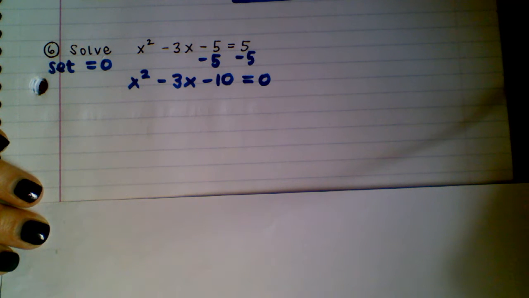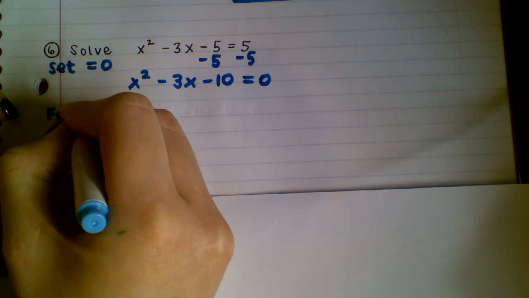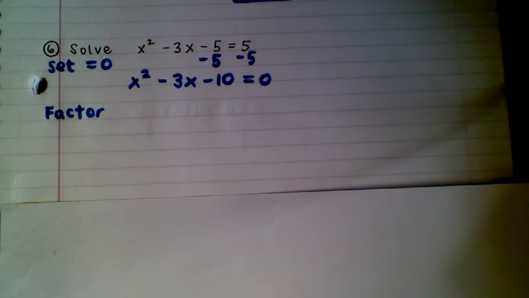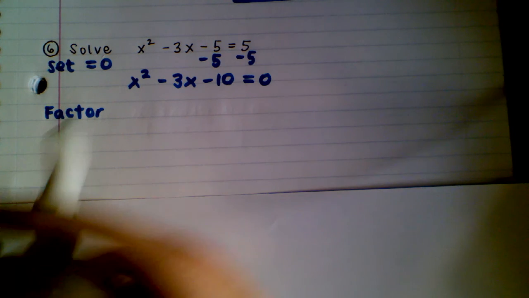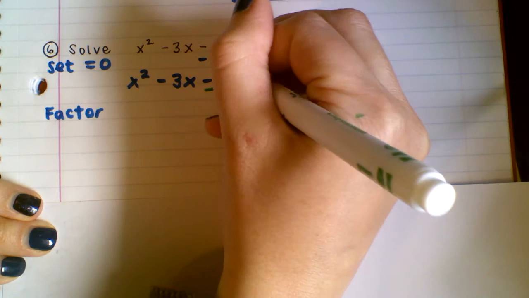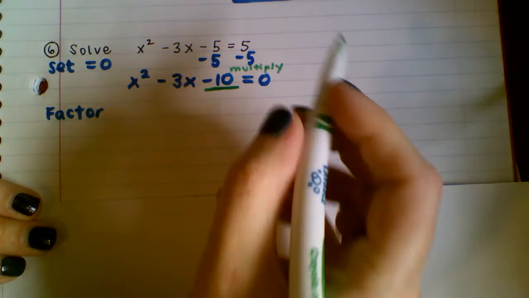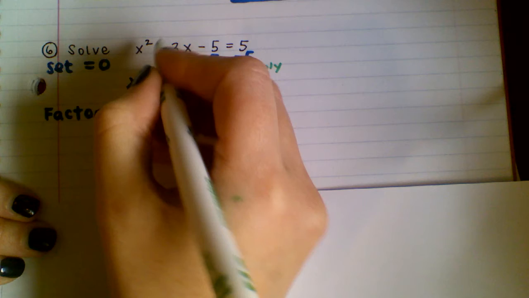Now I can do the exact same steps I just did. So I'm going to factor. Look at that last term and figure out what 2 numbers multiply to -10 and add up to -3.